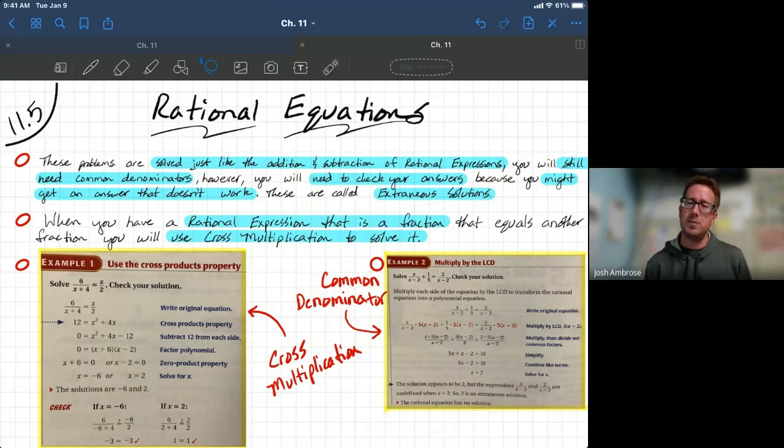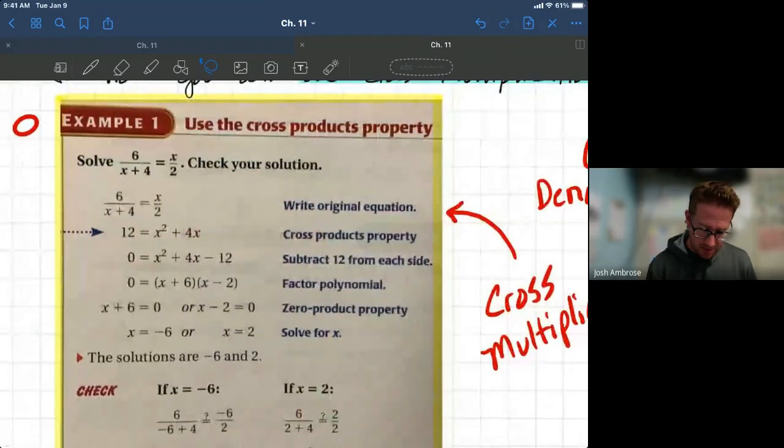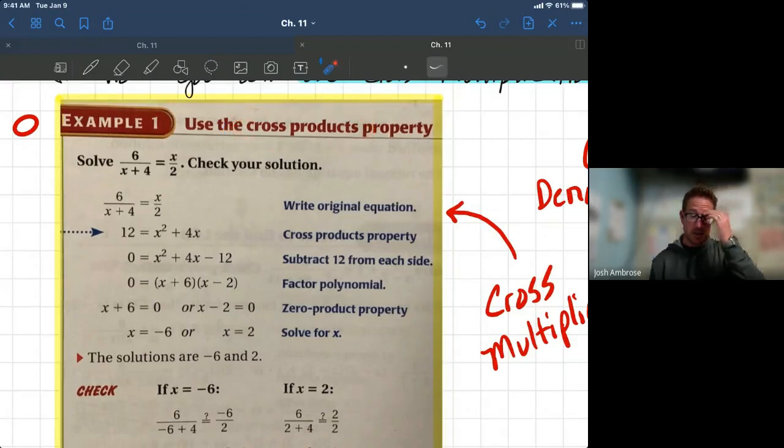And then you will be using a method that you've done before, cross multiplication, cross products. If a problem is set up like this, where you have one fraction, then the equal sign, and one fraction, notice those are the qualifications.